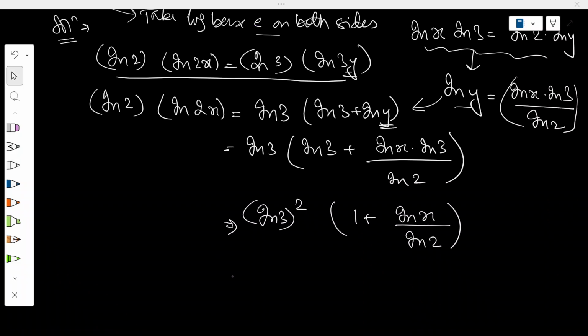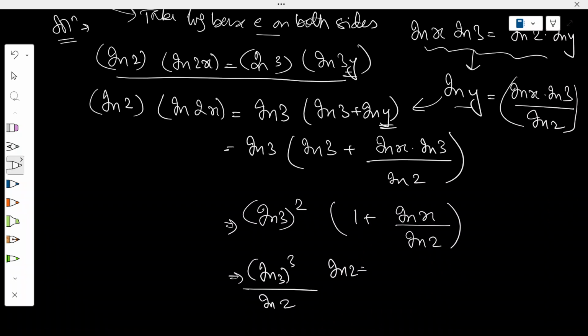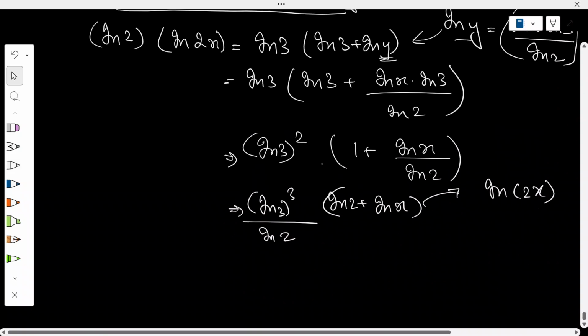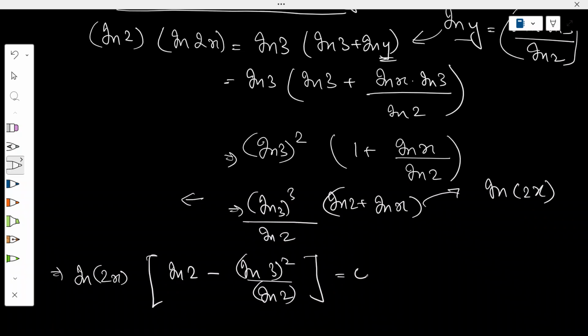Then we combine these two, and we have ln 2 plus ln x, which will be equal to ln 2x. Both the left hand side and right hand side have ln 2x, so we transfer everything to the left hand side, and here we have (ln 2 minus ln 3) whole squared divided by ln 2 equals 0.